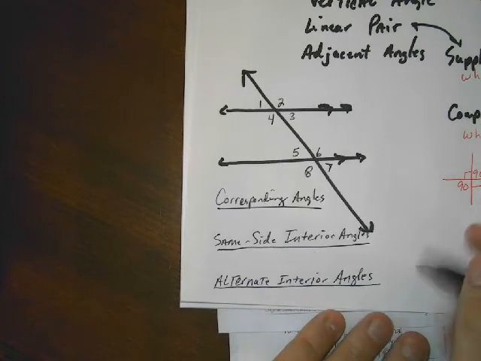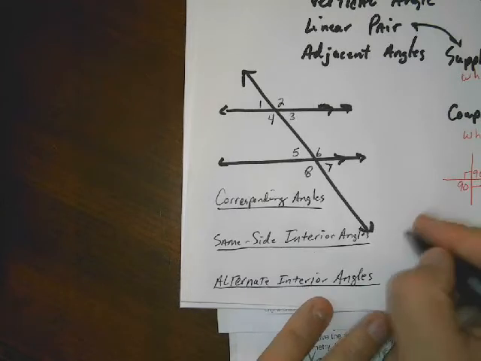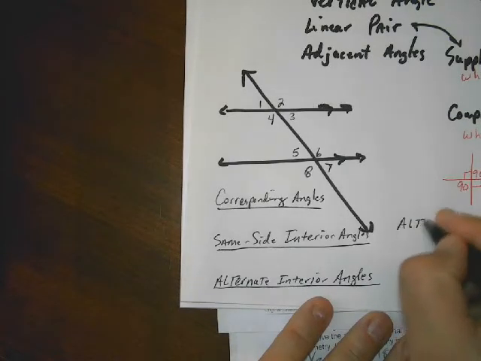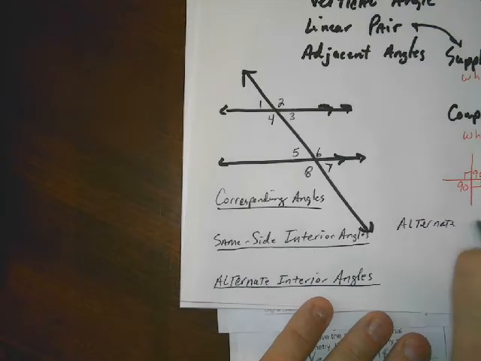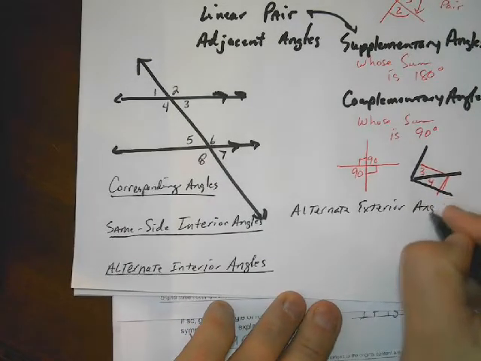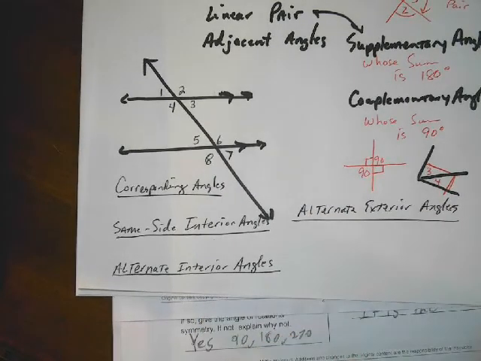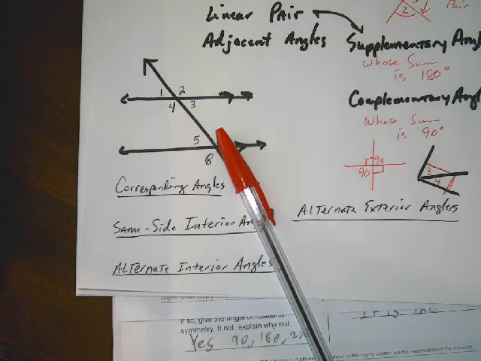We also then have alternate exterior angles. All right, so let's name in this what we know to be true. Let's see if I can use the red here.